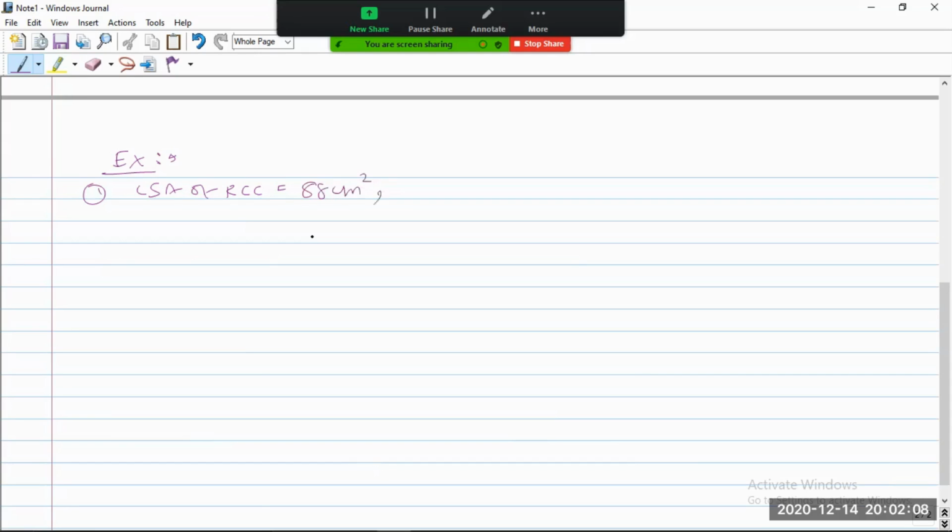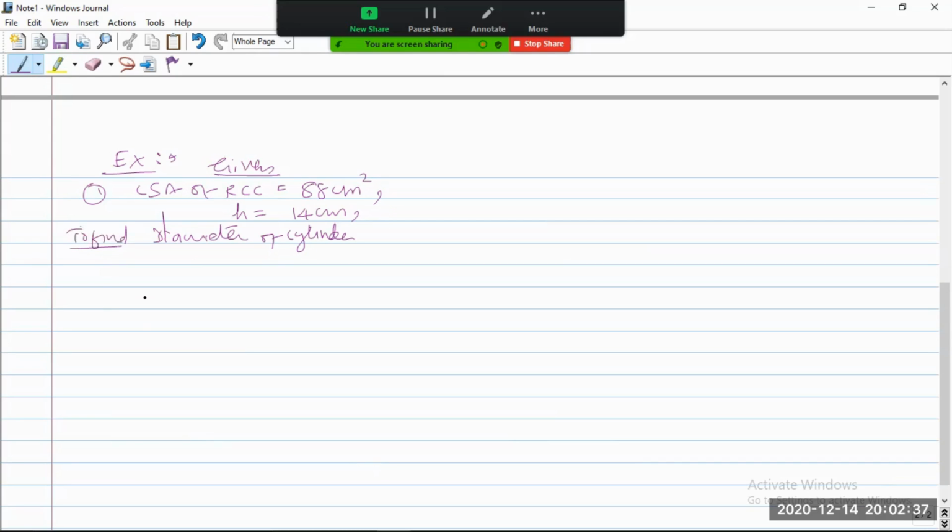Along with this, the height of the cylinder is also given as 14 centimeters. And the question is to find the diameter of the base of the cylinder. This much is given, and this is what we need to find.